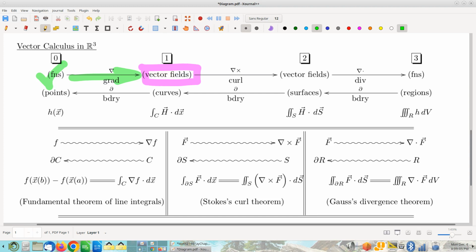Being a gradient, being conservative, being irrotational, namely the curl is zero. Being path independent, namely two curves with the same boundary points will give you the same line integral.